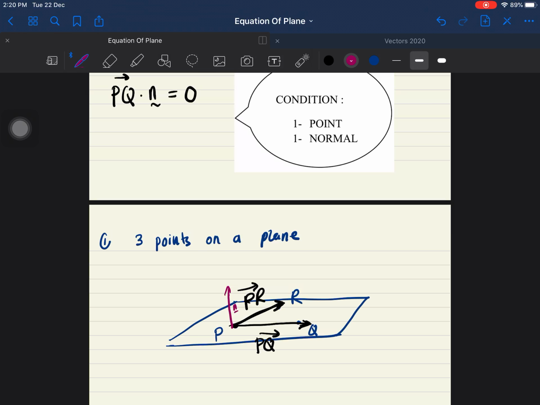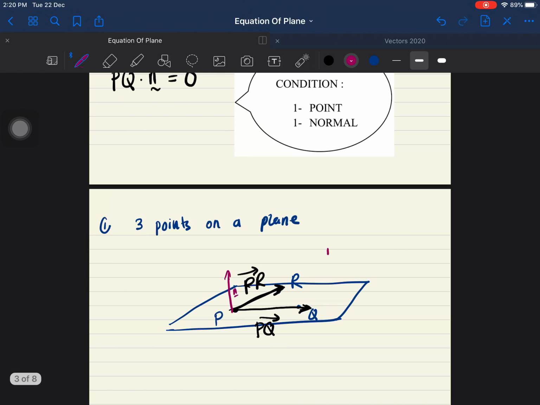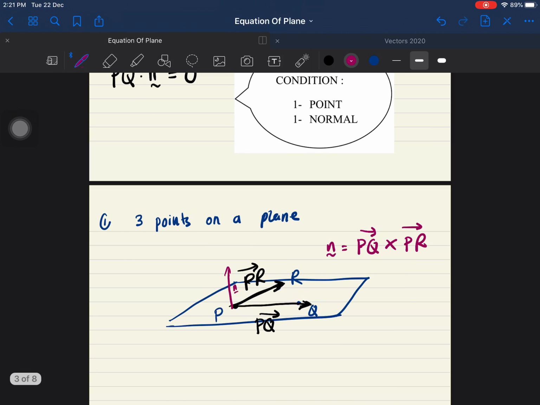Okay, so macam mana cara nak cari normal vector? So cross product between vector dengan vector. Okay, so your N is equals to, so cross product between PQ cross PR. Okay, it is okay kalau you tulis PR cross PQ.